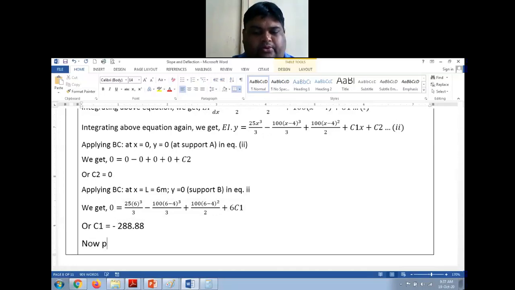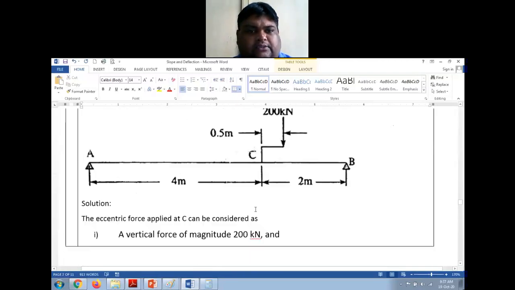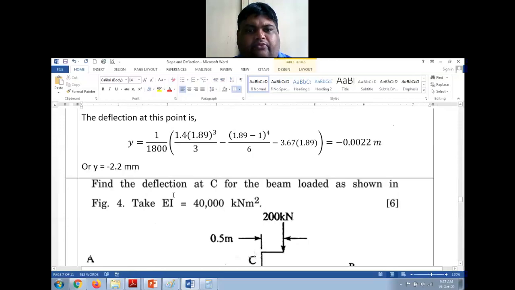Now put value of C1 and C2 in equation. What is asked in this? Find the deflection at C for the beam loaded as shown in figure. Take EI is equal to 40,000 kilonewton meter square.